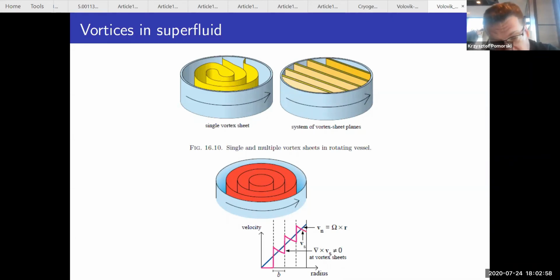Obviously, you can force this dynamics of rotation.